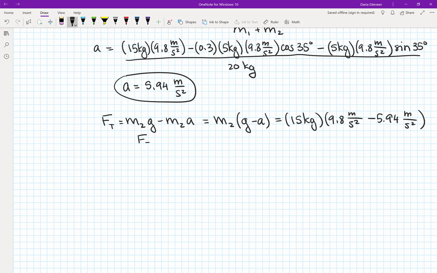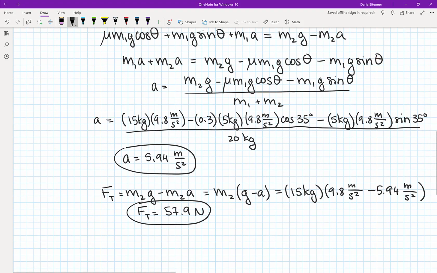And I get force of tension equals 57.9 newtons. Constant magnitude throughout the rope.